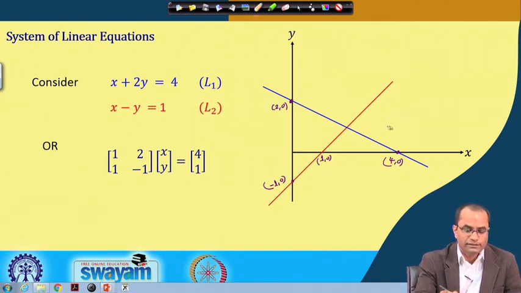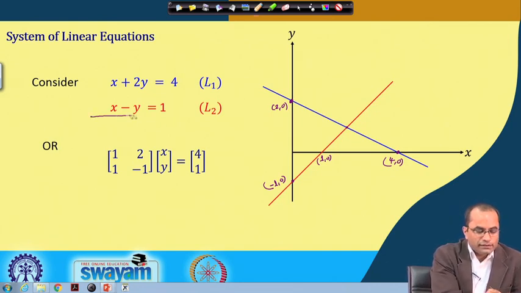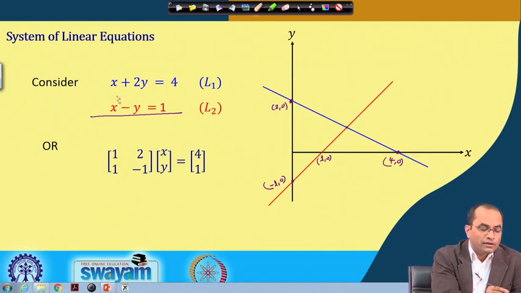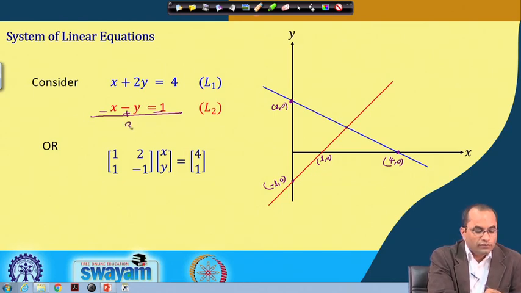Now, the question is that, as we see in this picture, they intersect at some point here. So, let us compute the point of this intersection. If we subtract equation number 2 from equation number 1, the x will get cancelled, and then we will get 3y is equal to 3, which gives us y is equal to 1.